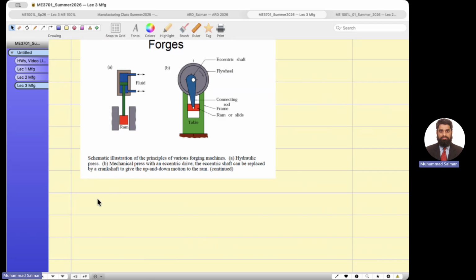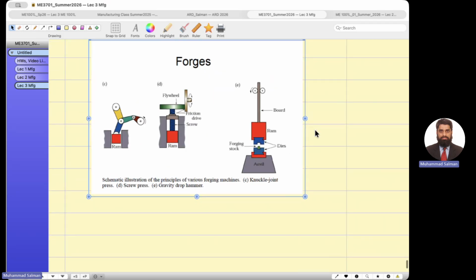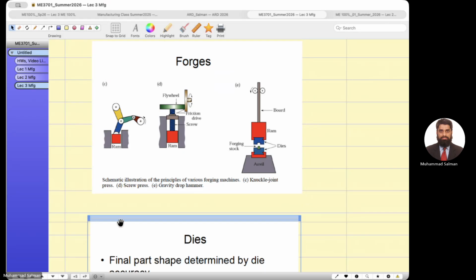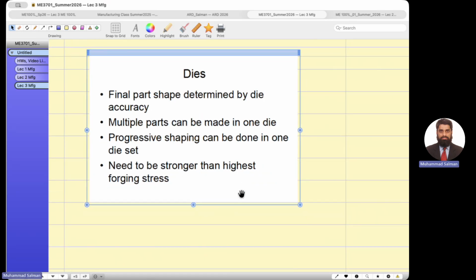This is more of a hands-on class: forging forces, different types of dies, and the ram. The final shape is determined by the die accuracy and so on.